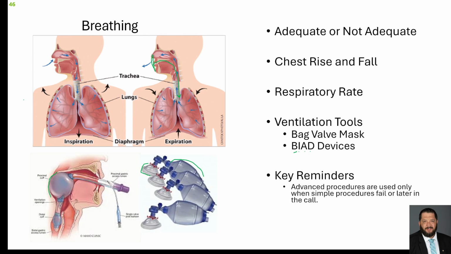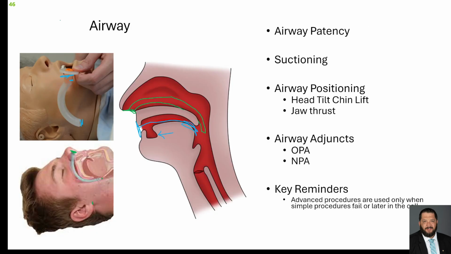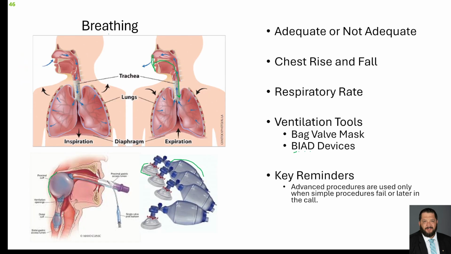Air really can go in two directions. It can go into the trachea and into the lungs, but it can also go into the esophagus and inflate the abdomen. And for the advanced level providers out there particularly, we know that when we inflate the abdomen, we can cause an increase in intrathoracic pressure, which reduces cardiac output, and that can be problematic.